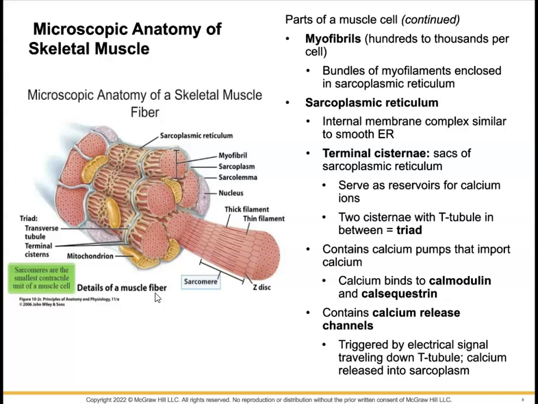But those calcium channels located in the sarcoplasmic reticulum allow the calcium to move out of the sarcoplasmic reticulum when that wave of depolarization, the electrical signal, travels down the T-tubule. It causes the SR to release calcium into the sarcoplasm of the muscle cell.